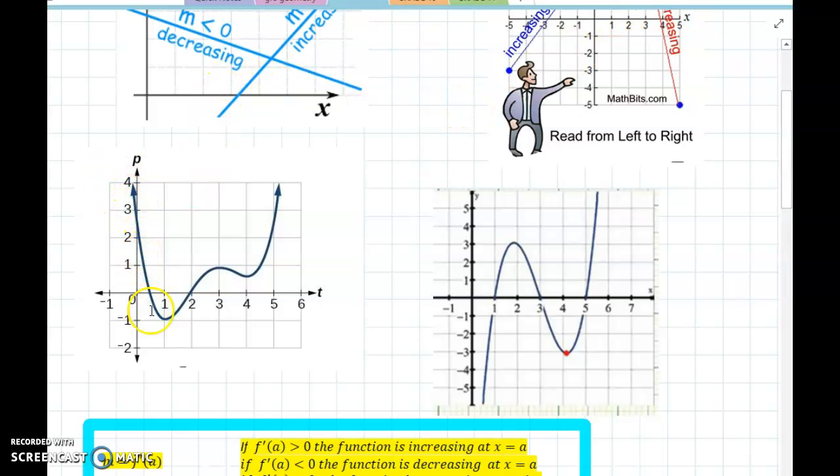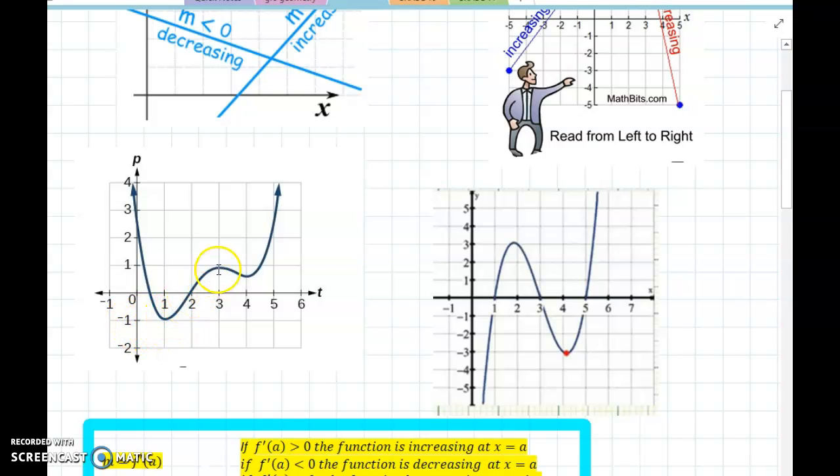If I look at this curve here, on this side, if I were to draw any tangent, the gradient would be negative, and you can see the function is decreasing. When I get to this point, if I were to draw a tangent here, it would be horizontal.